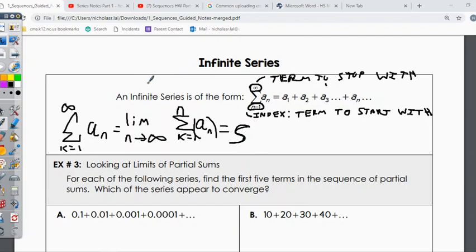So that's just getting the notation down. So remember, a series is just adding up the terms in the sequences.